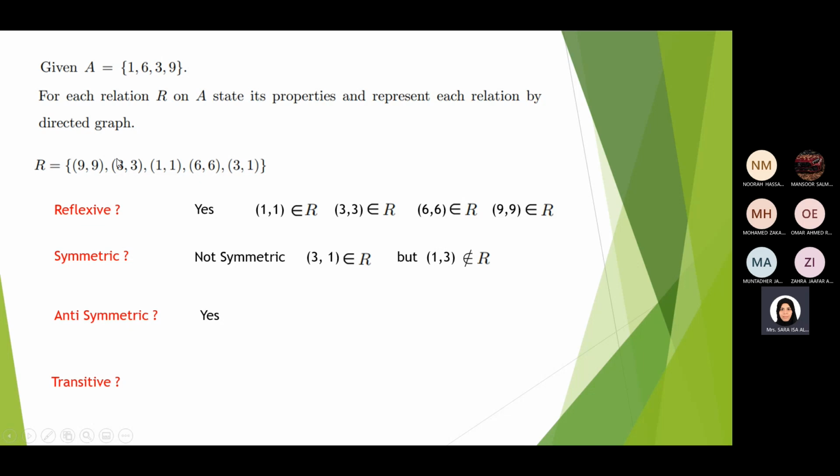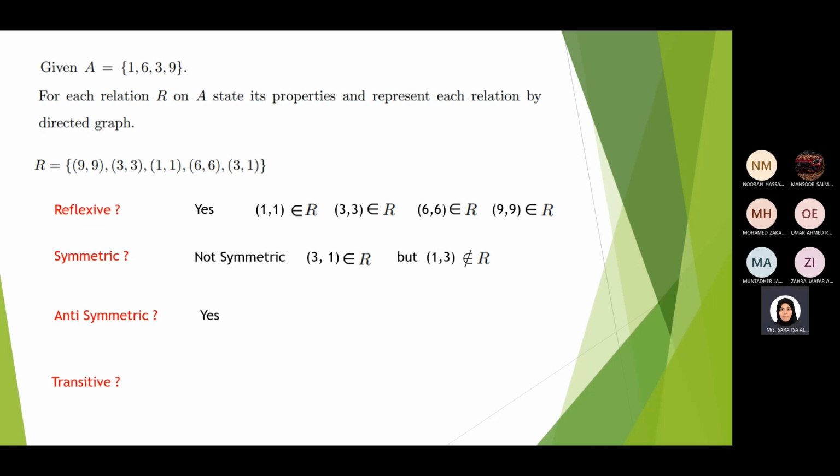So for each pair I am checking the symmetry. I see that the symmetric one exists, yes, 3, 3 and its reverse, so 3 is equal to 3. 1, 1 and 1, 1, 1 is equal to 1. 6, 6 and 6, 6, also 6 are equal. 3, 1, but 1, 3 is not there, so I will not check if they are equal or not. Okay, so in this case it is antisymmetric.